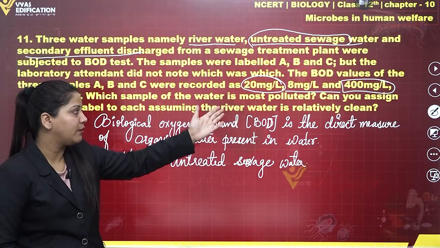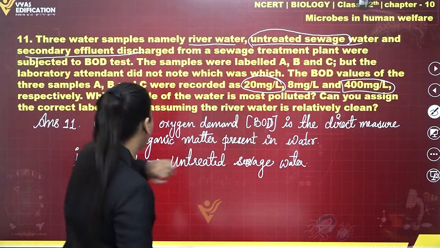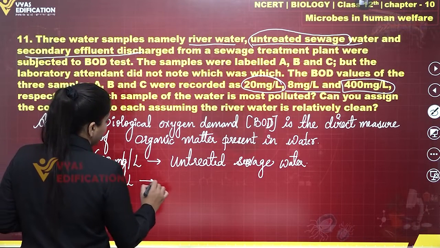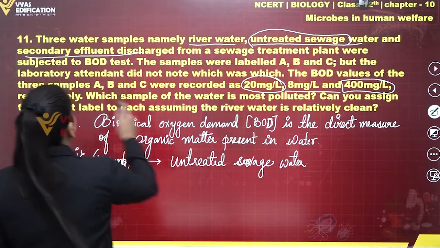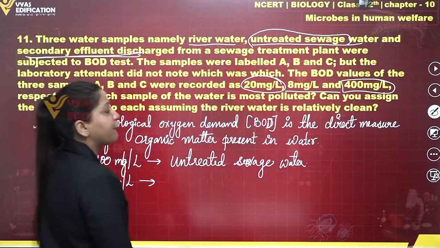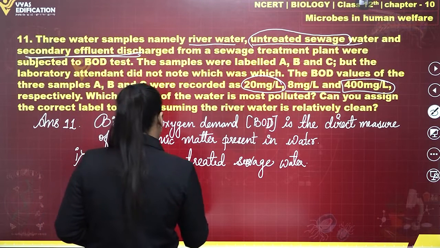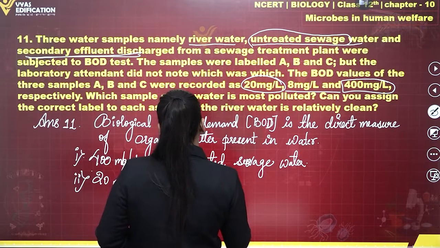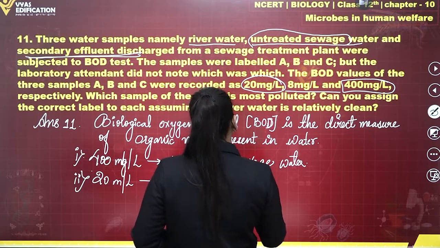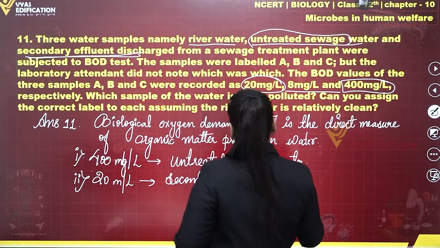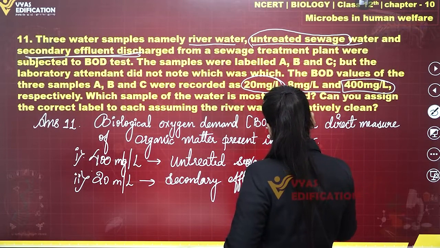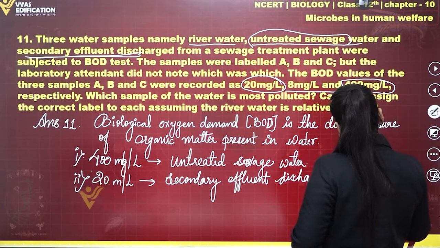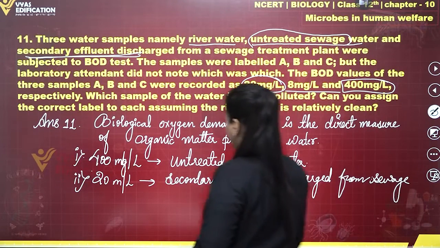Then let's come to the next one, that is 20. Lesser than 400 we have 2 values, that is 20 and 8. So we'll talk about 20. 20 ml per liter can be given to the secondary effluent discharged from sewage treatment.